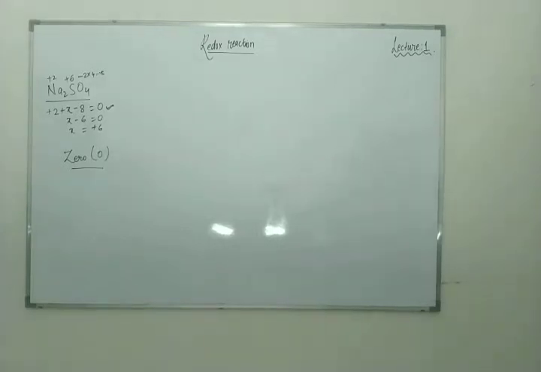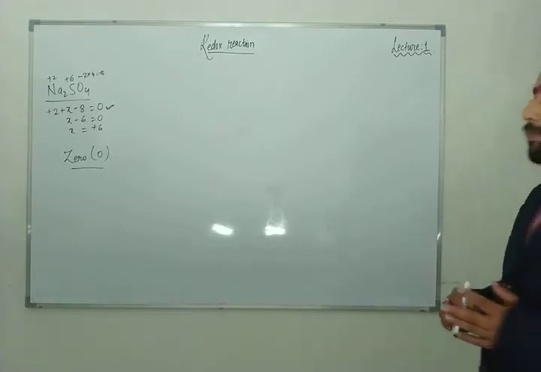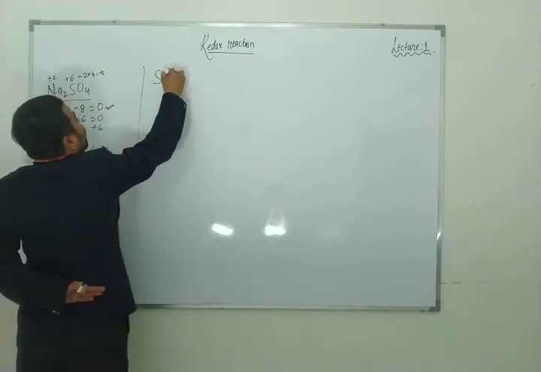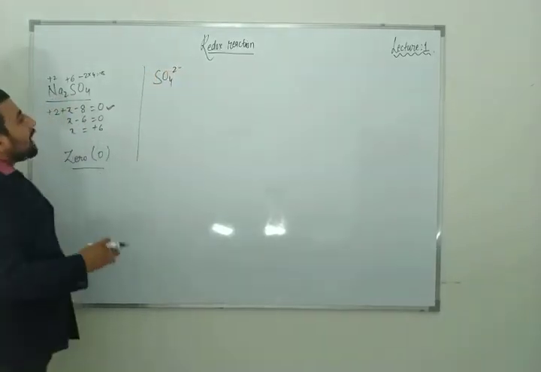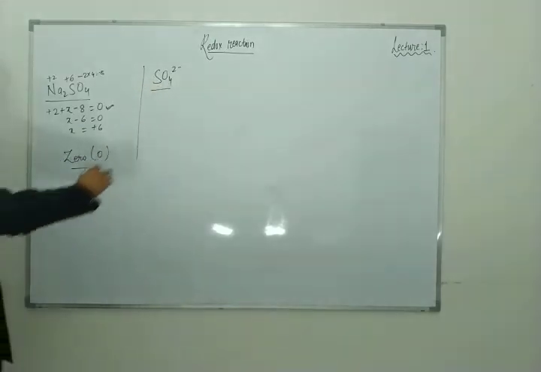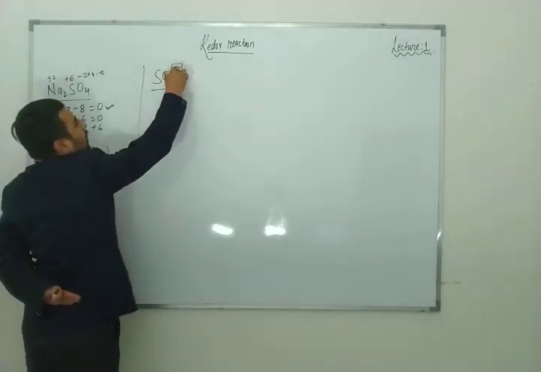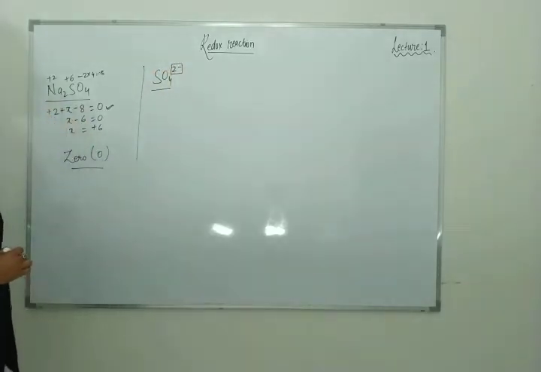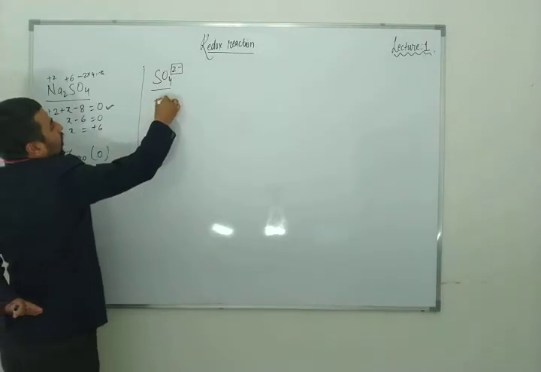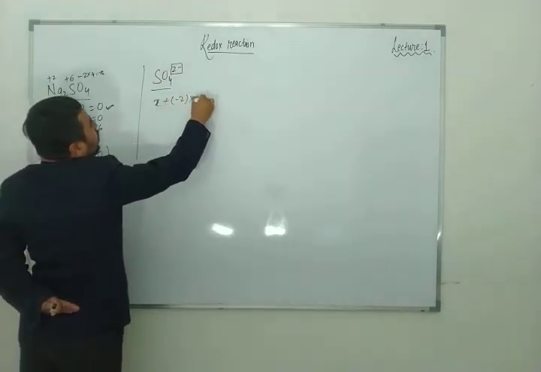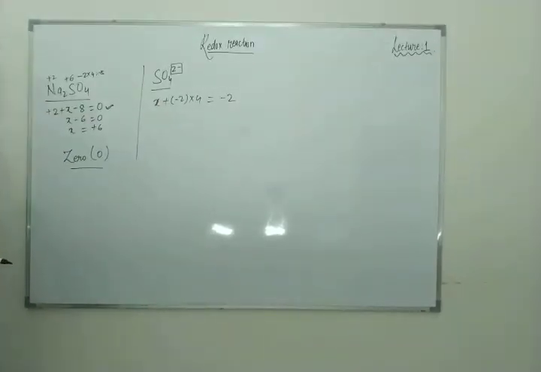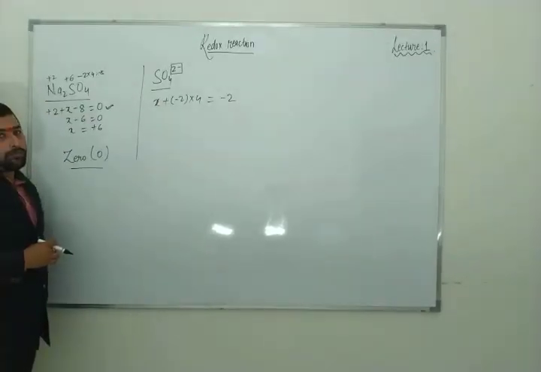And if it is polyatomic, that is Stokes notation, remember dear student, if I talk about sulfate, SO4 2 minus, and I want to calculate any element's oxidation state, then the sum must be equal to the charge given in the Stokes notation. If I want to calculate sulfur: X, oxygen is -2 into 4, which should be equal to -2. Got it?